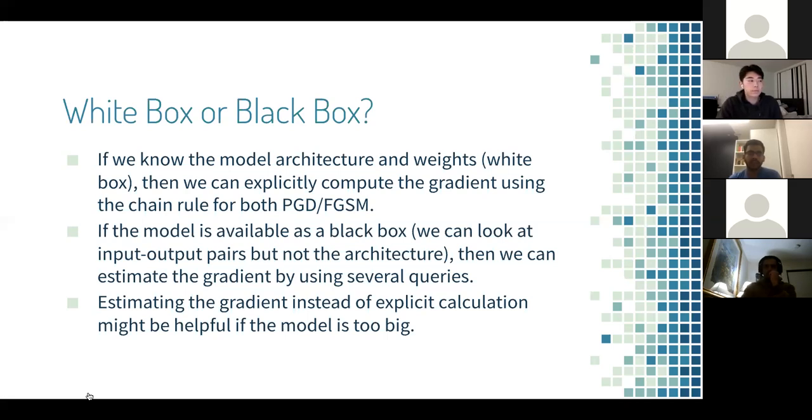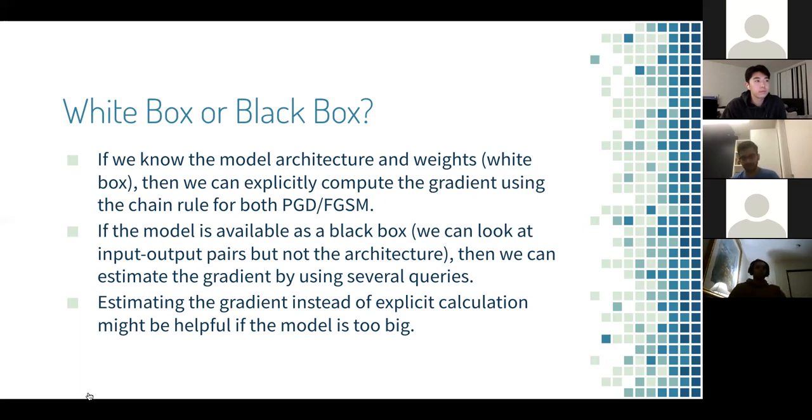But you do know that if you take, for example, sine of x plus 0.1 minus sine x, over 0.1, that's going to give you a pretty good approximation of the derivative at x. And you don't actually need to compute the explicit derivative in this process. So you do something similar in the black box setting, where you estimate the gradient with respect to the input simply by submitting some queries and looking at what the output is.